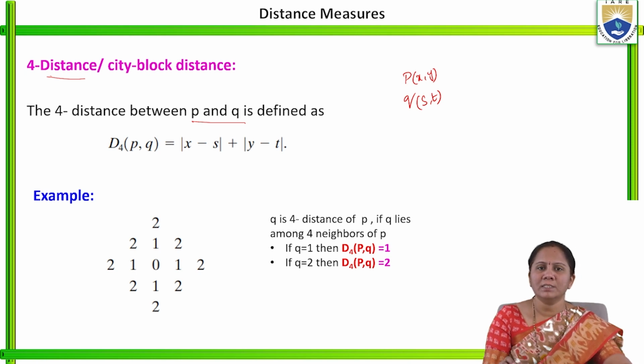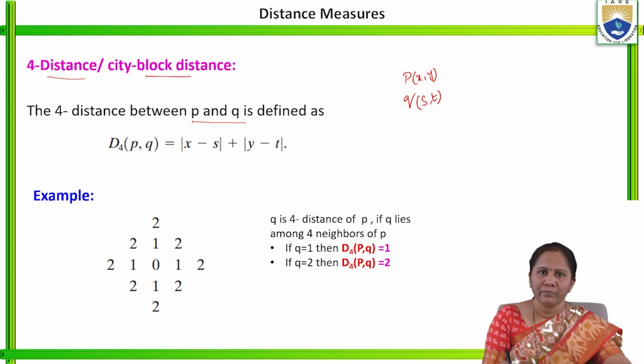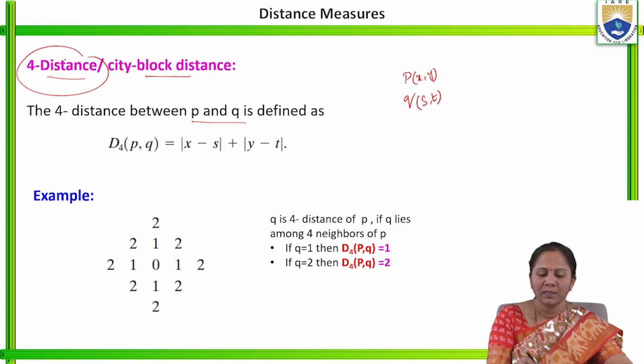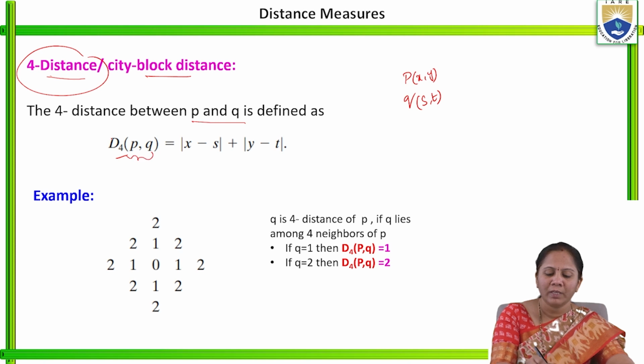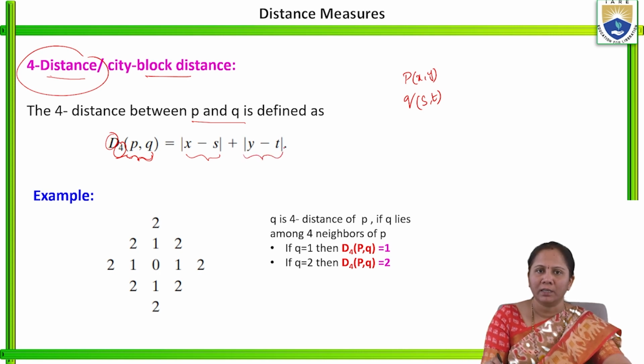This D4 distance measurement is also called city block distance, and the formula to calculate the distance between two pixels using D4 is D4 of P comma Q is equal to modulus of x minus s plus modulus of y minus t.